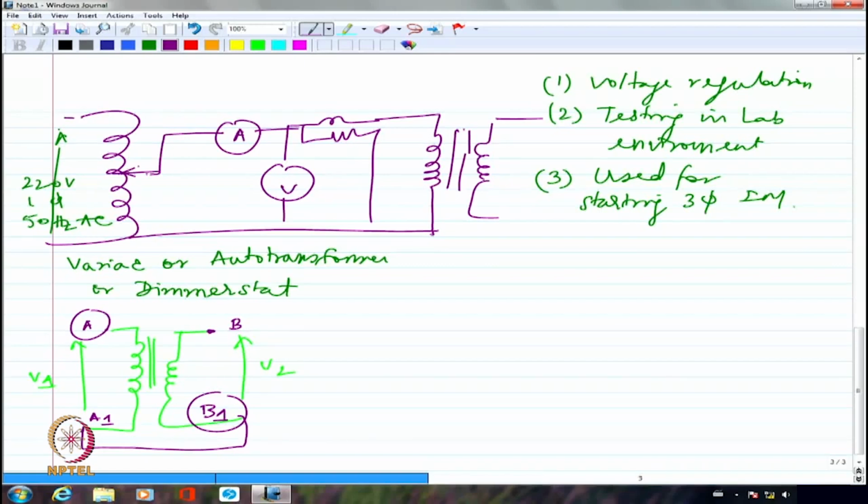Which two terminals do I have to connect if I want series opposition? Is that clear? Finally, when I connect the two terminals together, I have only two terminals coming out. Only A and B, or A and B1, will come out. I will not have more than that.